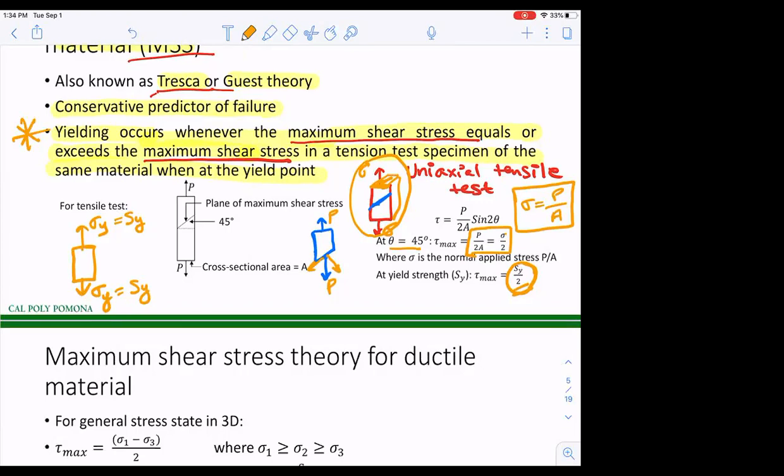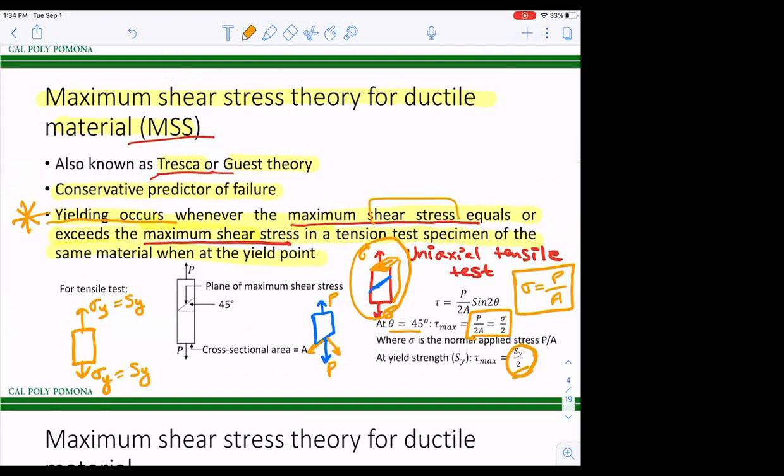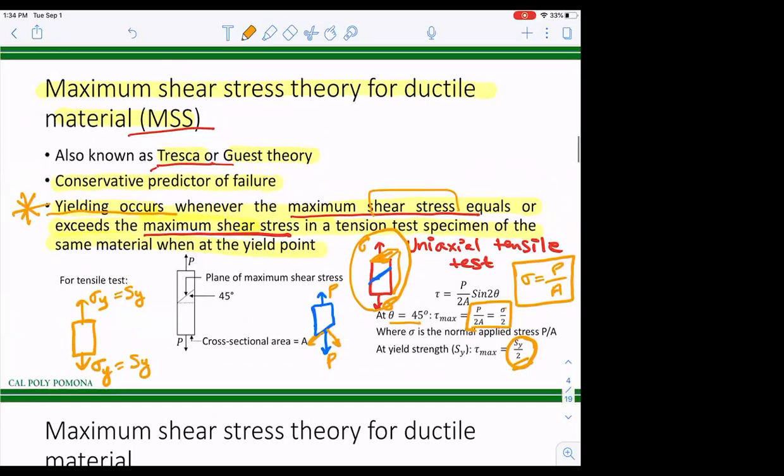Not any stress, but whether the maximum shear stress in the structure exceeds half the yield strength. If that is the case, then we say yielding occurs. That means permanent deformation occurs and the structure has failed. So it's not just any stress. We're talking about shear stress here. That's why the name of the theory is maximum shear stress theory.